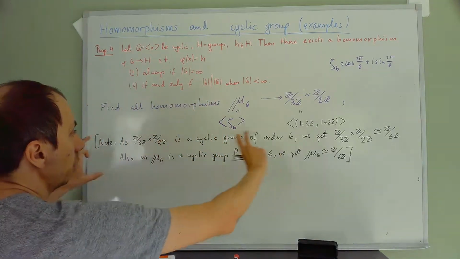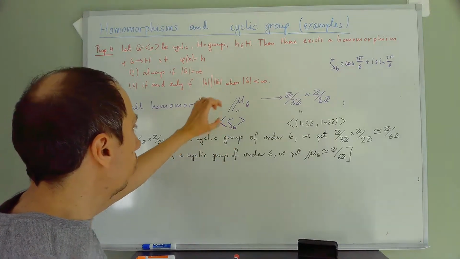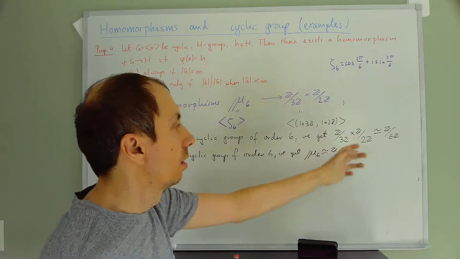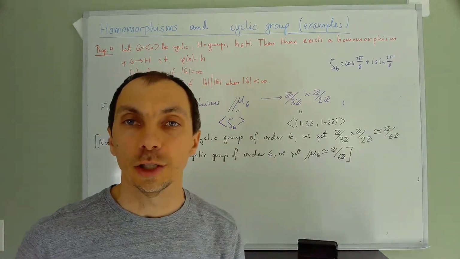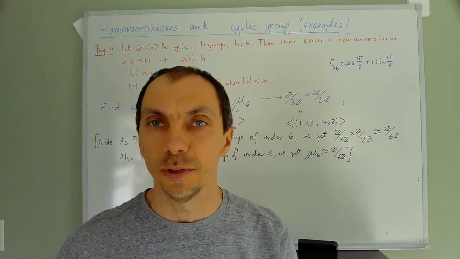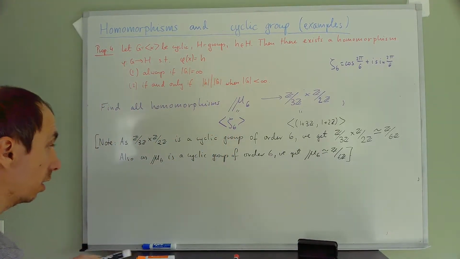Why do I say it's not quite relevant to the question? Because I actually don't want to know whether there exists an isomorphism between this and that, which is what that proves. I actually would like to know what it is and also what the other homomorphisms are. So I want to know all the homomorphisms. So let's get to work.